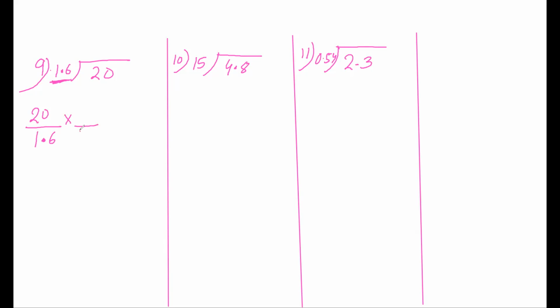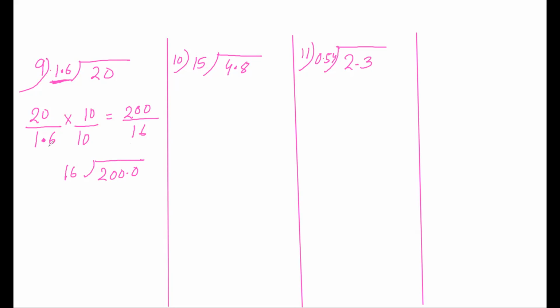What should I multiply with? See here, I wanted to remove this decimal point from the divisor. Sorry, here is the divisor.